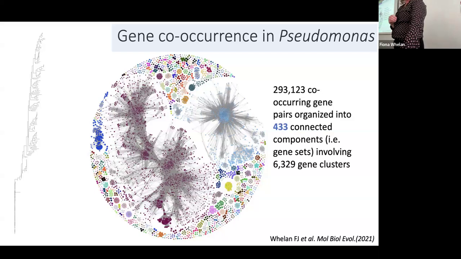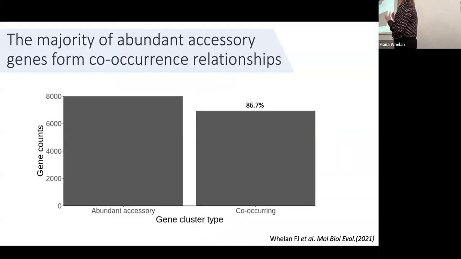So in terms of the biology and digging into what this network means, besides being this fancy thing that you can put on a slide, this is actually the really ugly figure that I was the most excited about in this analysis. Because what it shows is that the majority of the abundant accessory genes, the genes that we looked at initially in our analysis, formed at least one co-occurrence relationship with another abundant accessory lineage-independent gene.